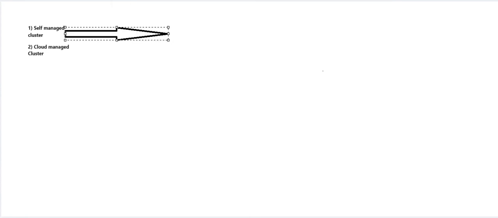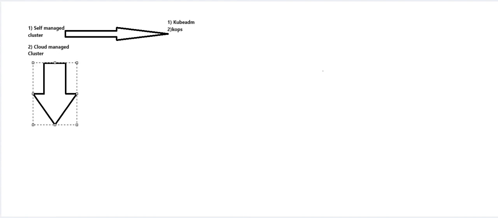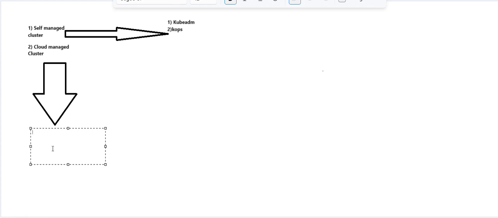Self-managed clusters include Kubeadm, Kops, etc. And cloud managed cluster examples are AWS EKS, Azure AKS, Google GKE, and we have one more, IBM Kubernetes as well, but majorly these are the cloud managed Kubernetes clusters, and these two are the self-managed clusters.